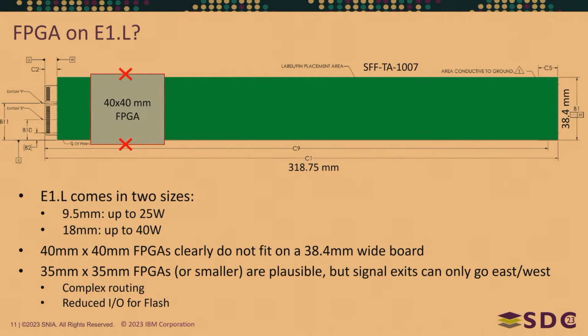You'd have to implement some exotic PCB fabrication techniques to get your signals out, which adds to cost. And when you go to a smaller FPGA, you have fewer IOs for your flash lanes. So you just look at all that wasted space. You could put flash memory there, but if you don't have enough lanes to drive it effectively, it's not going to work.